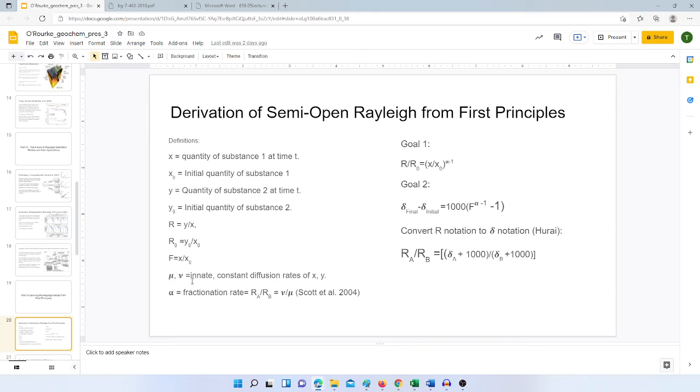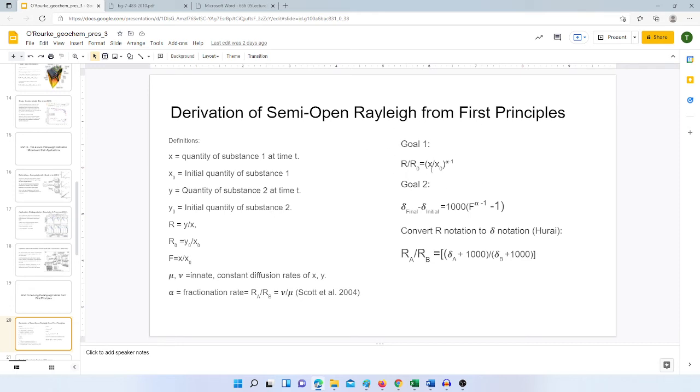So mu and nu, again, are the innate constant rates of diffusion of the medium based on the concentrations. And these don't change with concentration gradients. They're basically proportionality coefficients. And then alpha is the ratio of the two, and that tells us the fractionation rate.